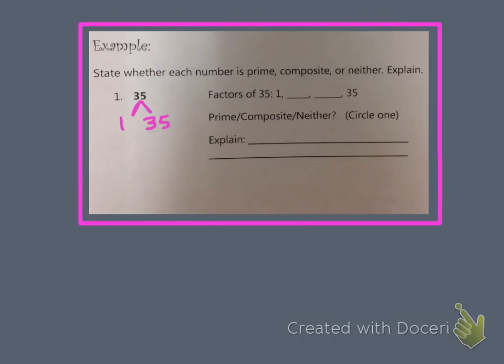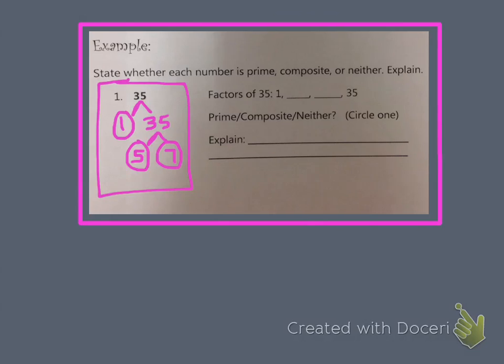Then we have to see, does something else divide into 35 to make it a factor? Yes, we know that 5 times 7 are factors of 35. This right here, what we just created, is called a factor tree. When we get a prime number in our factor tree, we want to circle it so we know that we are finished with that branch.